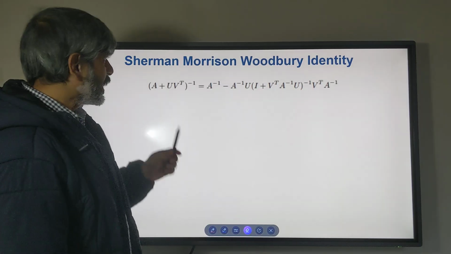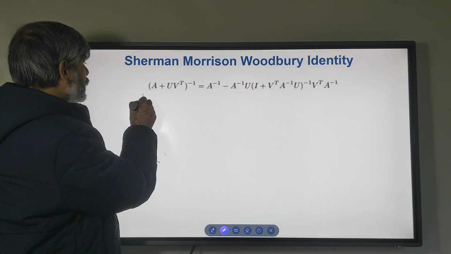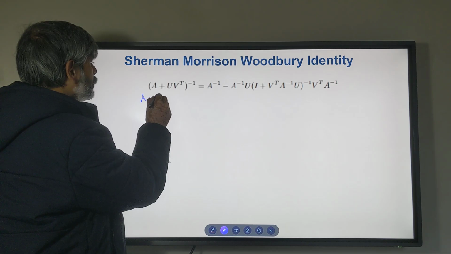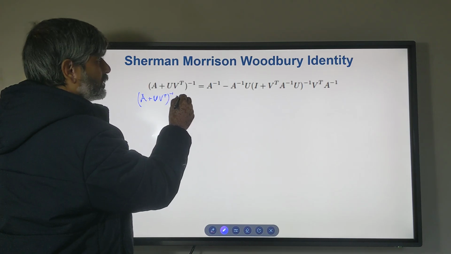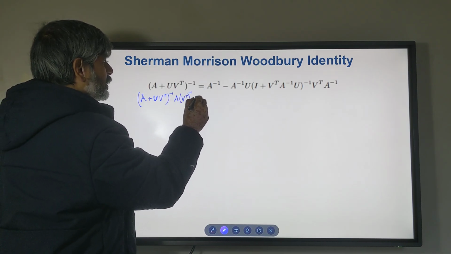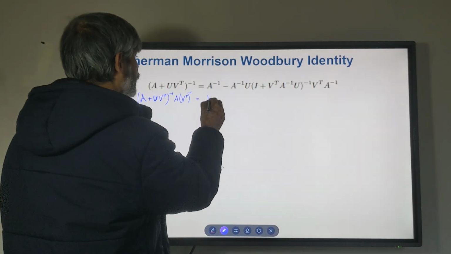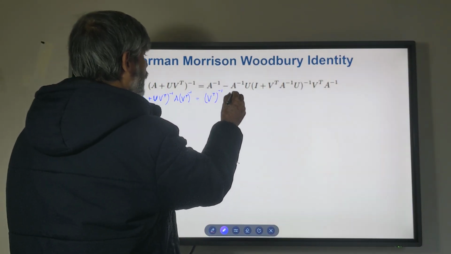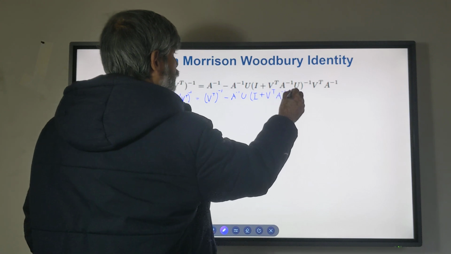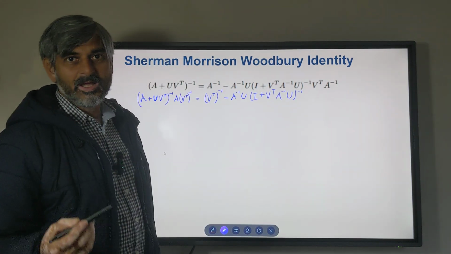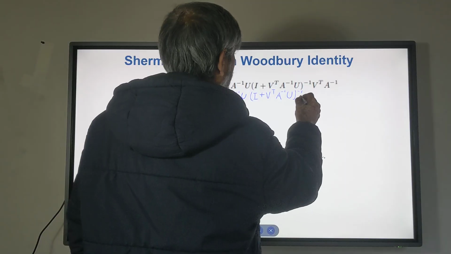If I post multiply both sides with A and V transpose inverse, we get (A + U V transpose) inverse times A V transpose inverse, equal to A inverse multiplied by A, which becomes identity, then V transpose inverse here, minus A inverse U (I + V transpose A inverse U) inverse, and then A inverse multiplied by A is identity, and that multiplied with V transpose inverse gives identity here.